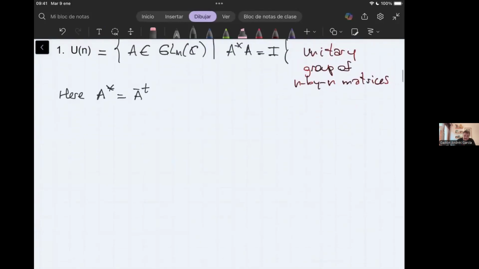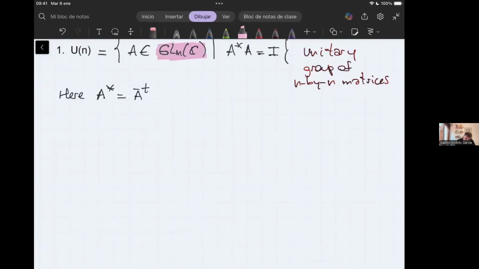So what is the topology here for this group? This group is a subgroup of GLnC, where GLnC are the n by n matrices which are invertible. And which topology is there?